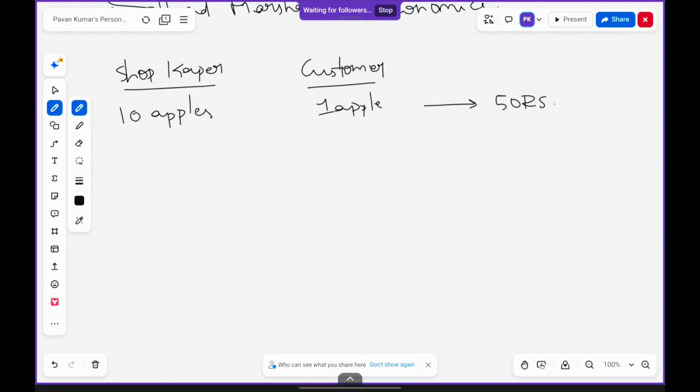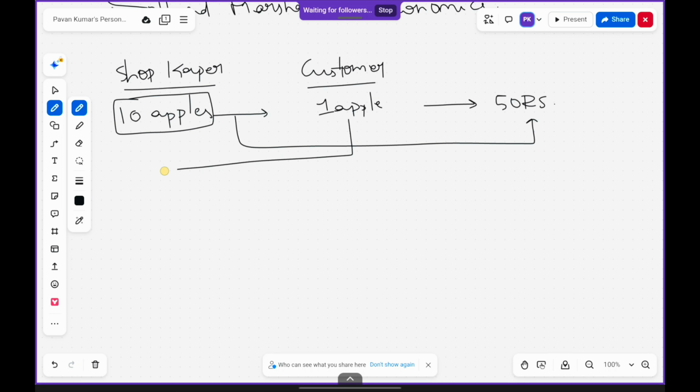Now the shopkeeper says, all these 10 apples, if you are able to consume in a single go, you only have to pay 50 rupees instead of taking one apple. If you eat all the 10 apples, you only have to pay 50 rupees. Okay, so the customer has agreed to that. So the customer started consuming the first apple, and he got the satisfaction.